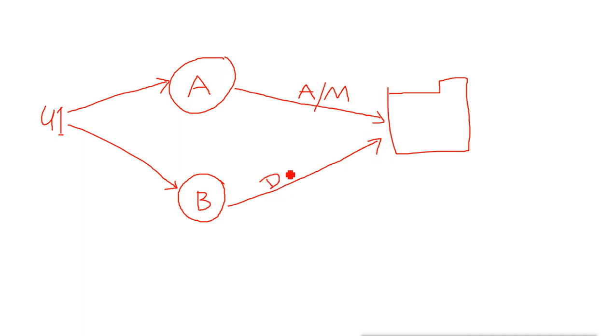Now, this user is a member of both the groups. So what will this user get? It will get modify allow and modify deny. Modify allow it will get from group A, and modify deny it will get from group B.